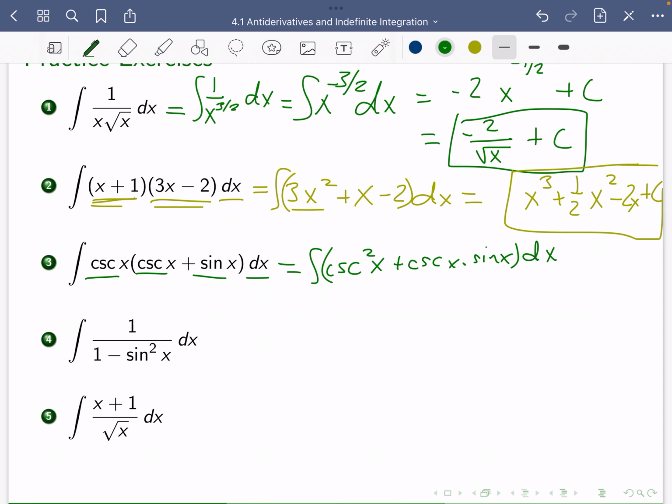What are we going to do with that? Well, cosecant squared, we do know how cosecant squared integrates. Cosecant squared integrates to negative cotangent x. What about this cosecant x times sine x? How are we going to deal with that?